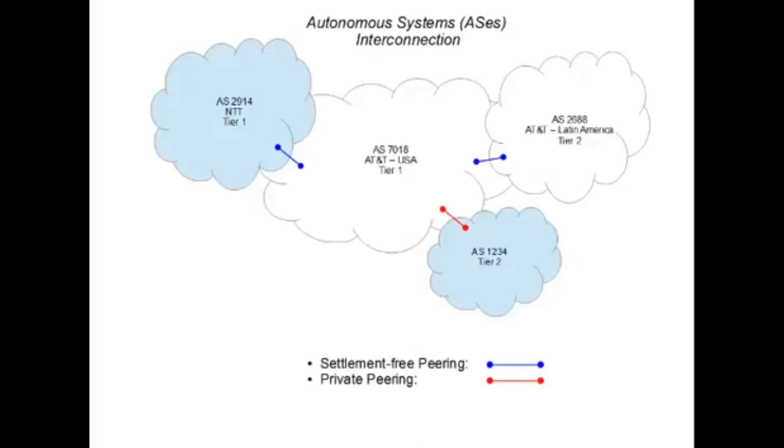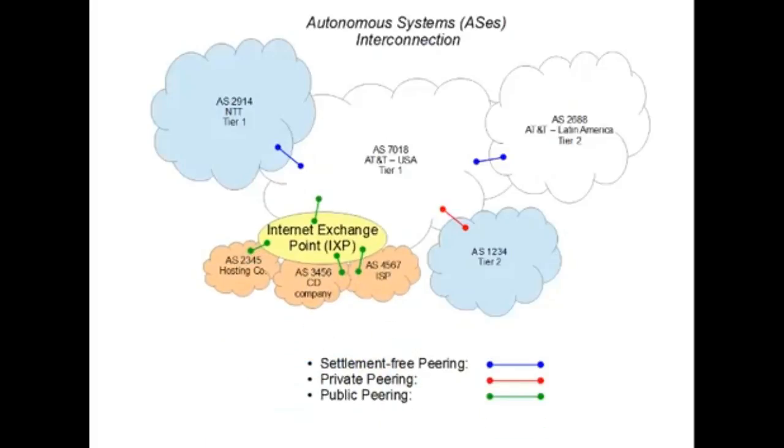It is for public Internet traffic, however, and in this case, the settlement agreement could mean that AT&T only provides connection to other Tier 1 providers and other ISPs and content delivery networks that are directly connected to the Tier 1. It might not include forwarding traffic and receiving traffic from the Tier 2 network in Latin America. That's all a function of the arrangement between the companies in private peering.